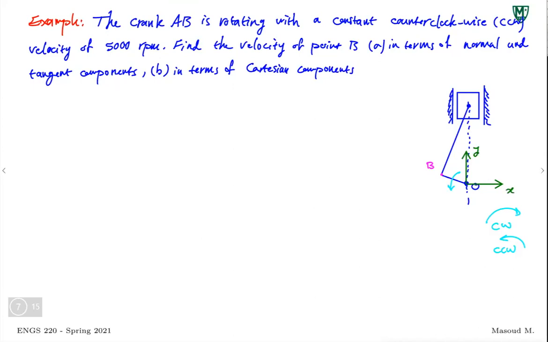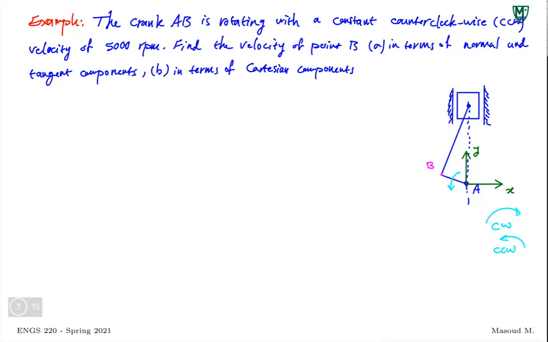Now at this moment, I have to follow the notation I mentioned in the problem. Since I refer to this as A, let's go with A. Crank AB, at this moment, is rotating with a counterclockwise angular velocity of 5,000 RPM.